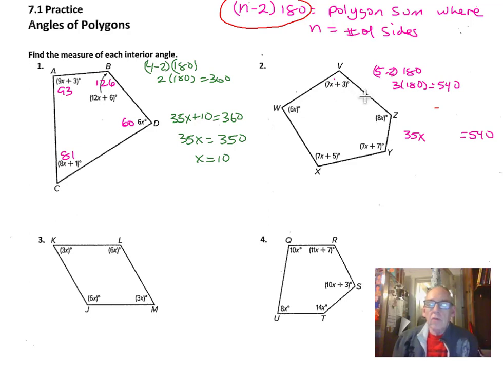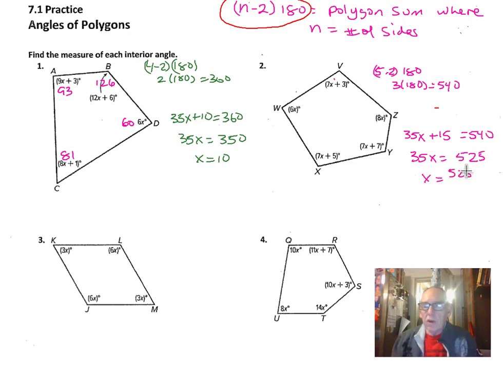Looking at the numbers, we have a 3 and a 7 makes a 10, and a 5 makes a 15. So 35x plus 15 equals 540. Take away 15 from both sides. 35 x's is going to be 525.